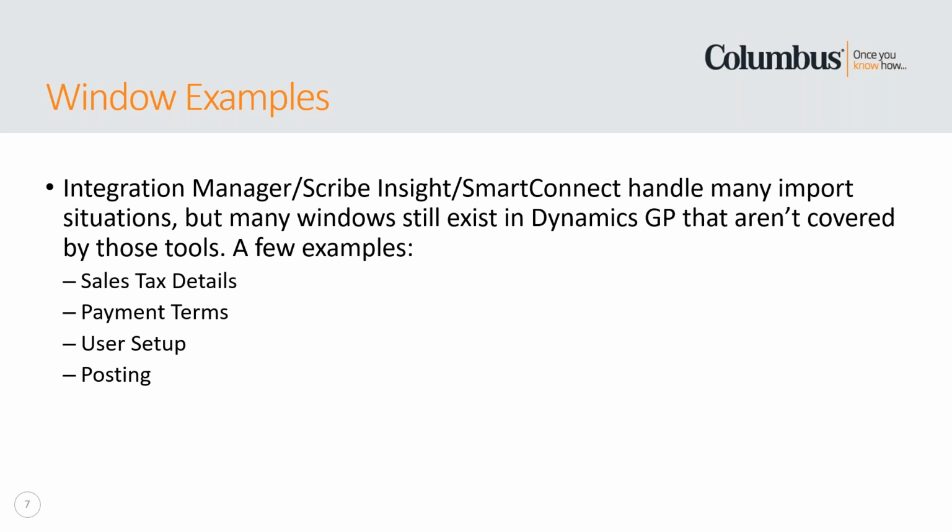I've listed a few here on the screen: sales tax details, payment terms, setting up users, actually running a posting, maybe automating or running a certain set of reports. Granted, there are other tools you can use in the system to automate some of those processes, but some of these screens do not have adapters to import into. So sometimes when you have a lot of data to import, the quickest way is to record a macro and then merge the data in with it.